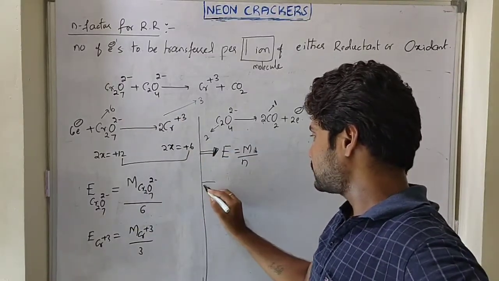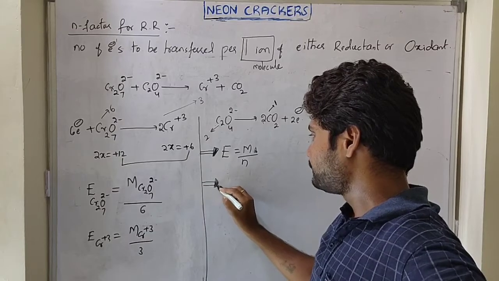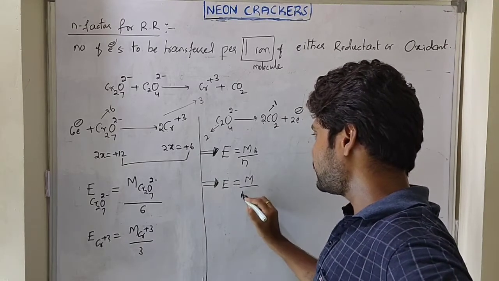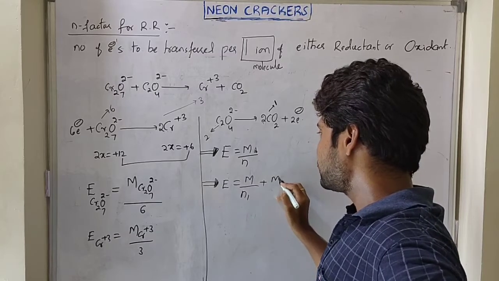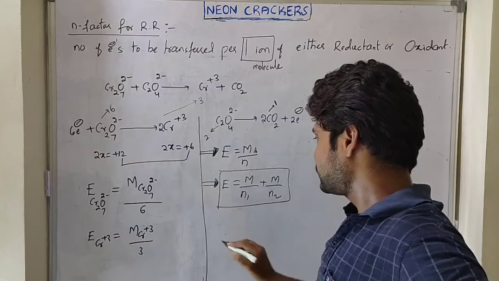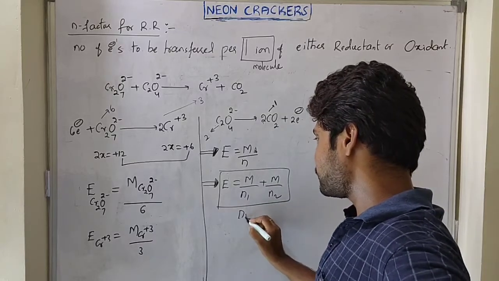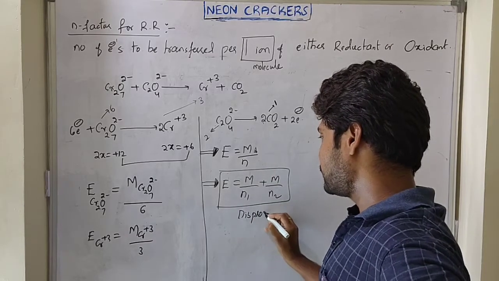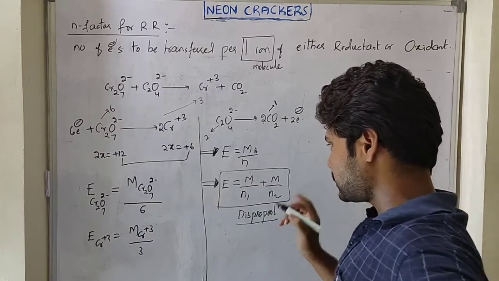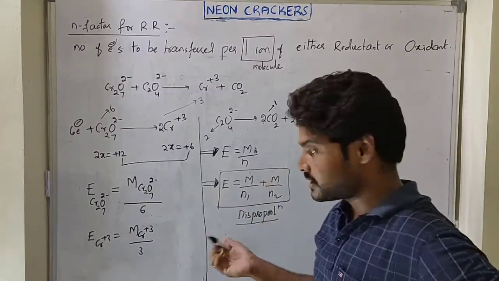And the second condition, what is the second condition? Equivalent weight equals M upon n1 plus M upon n2. For which is it? This is for a disproportionation reaction. What is a disproportionation reaction?